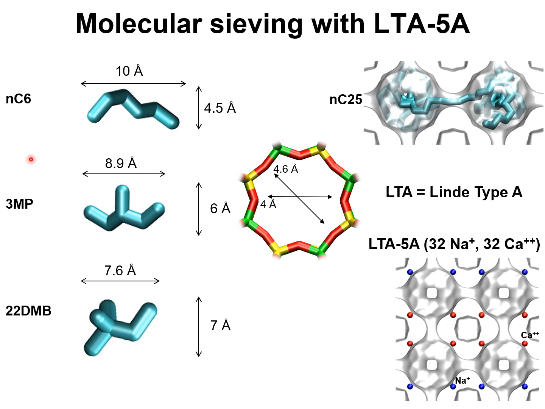The simplest approach that can be adopted to separate hexane isomers is to exploit the principle of molecular sieving. If we use an adsorbent such as LTA5A zeolite, LTA stands for Linde type A, and LTA5A zeolite contains 32 sodium cations per unit cell and 32 calcium cations per unit cell.